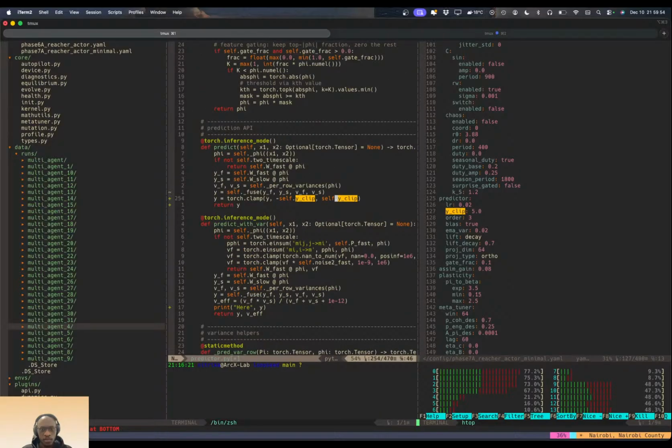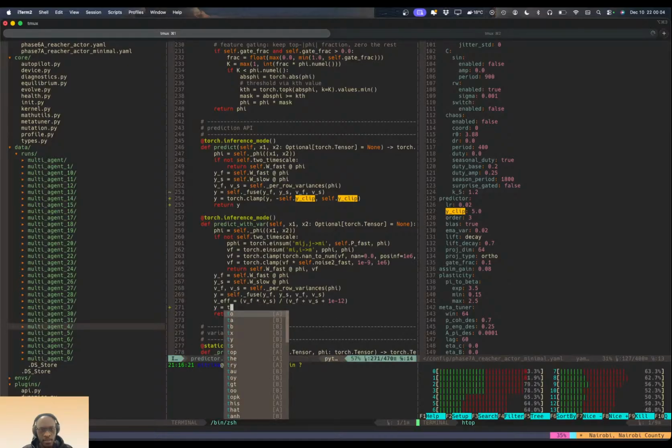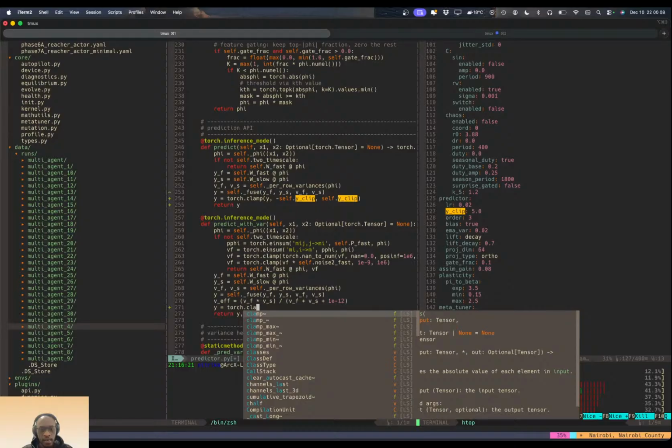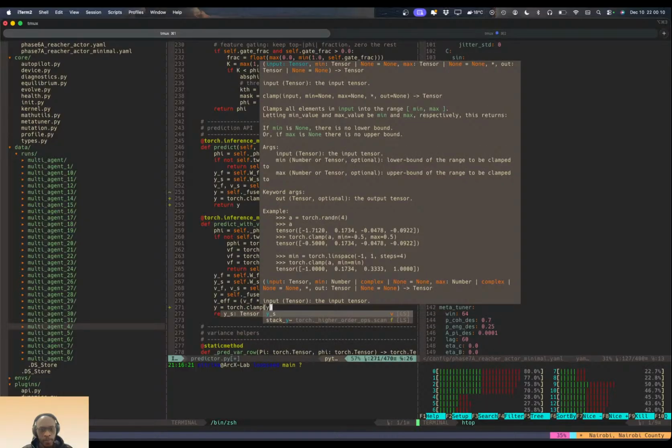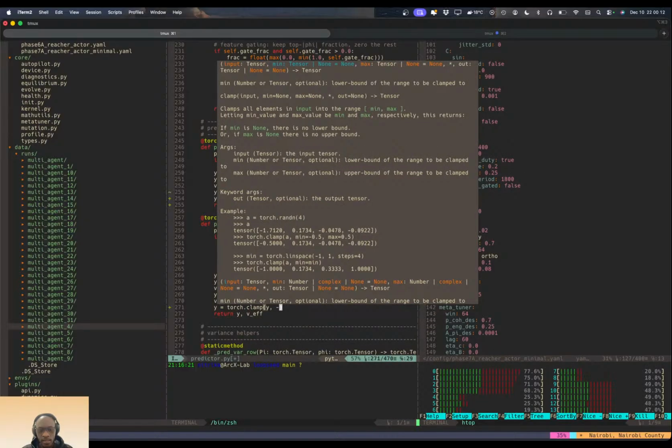And we will do the same for y predict with variance. So we get y and then y.clamp these using self.y_clip.